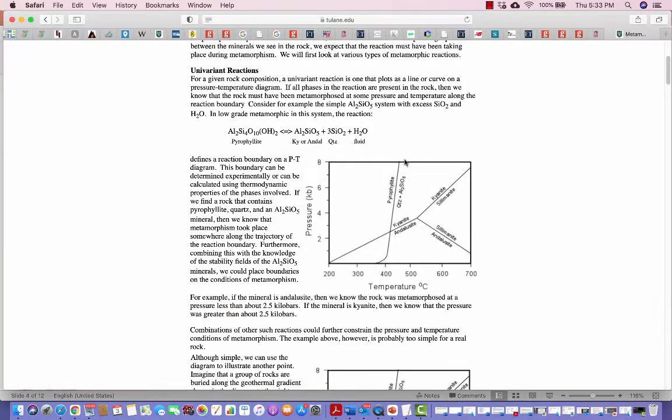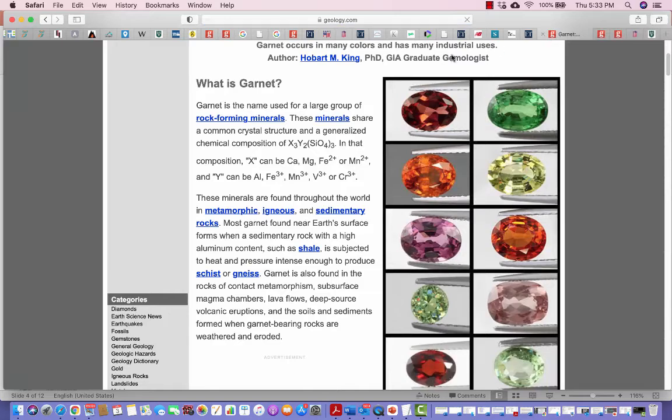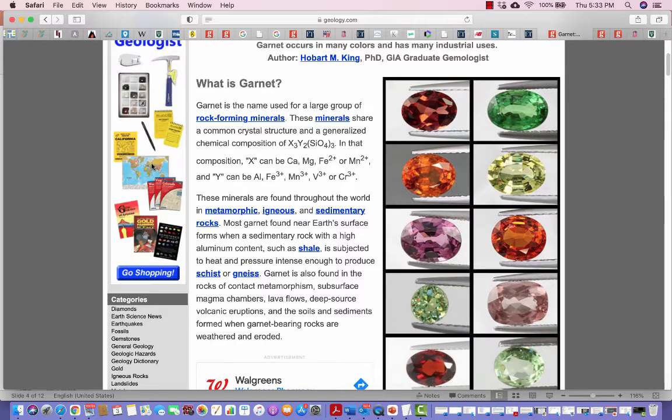bring up these websites. The first one is garnet. You can take a look at these later as well if you want to stop the video and see what the website is. But garnet, a lot of times people think garnet only comes in red. That's actually not true. It comes in all different colors, and these are all examples of garnets.